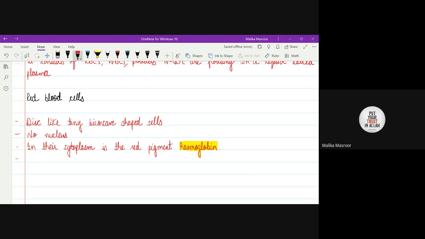Hemoglobin is a protein in nature that is combined with iron.